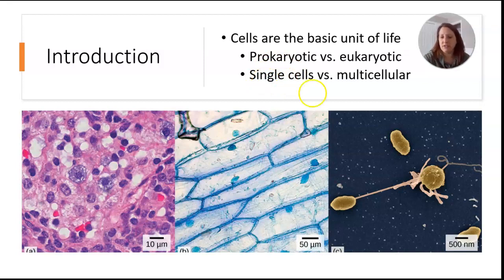In these figures, I just have a couple of cells to show you. So here we've got a couple of different bacterial cells. Okay, so again, single-celled prokaryotic. And in this example here, we've got a multicellular. This looks just like the onion root tip from lab, right? So this might be a plant. You can see all of the nuclei here, and you can see their kind of rigid rectangular shape.